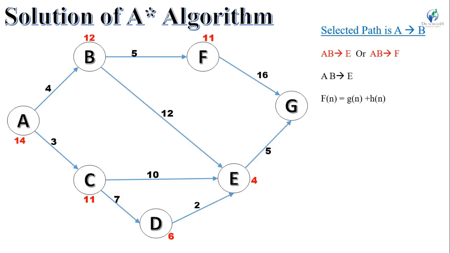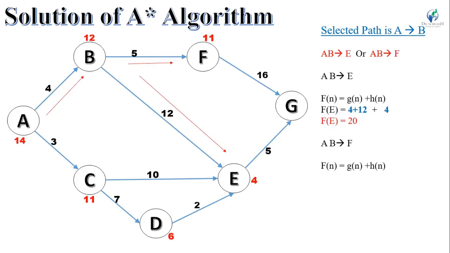The actual cost to reach node E is 4 plus 12, meaning 16, and the heuristic value of E is 4. Putting that value in the equation, the cost of E is 20. Similarly, we find the cost of the AB to F path. The actual cost is 4 plus 5, meaning 9, and the heuristic cost is 11. So the cost of F is 20.